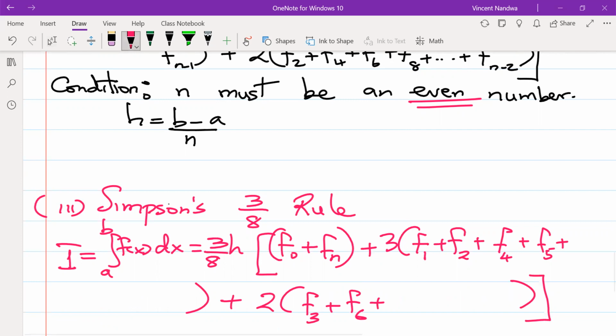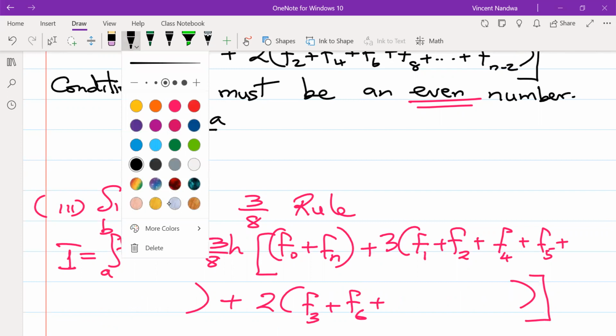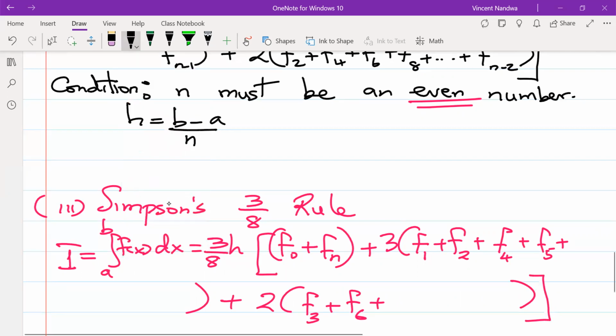Are you in a position to predict the next f value from f5? This is how the third term square bracket will be. F7, so we are skipping f6.